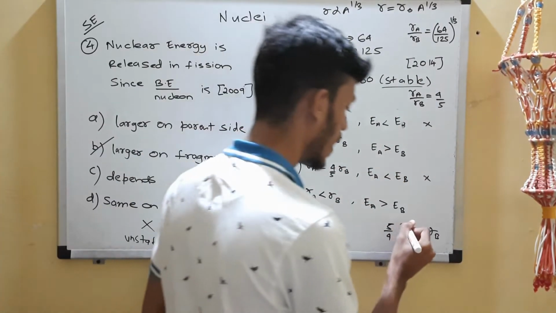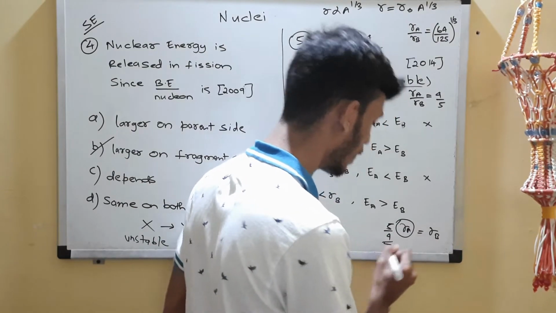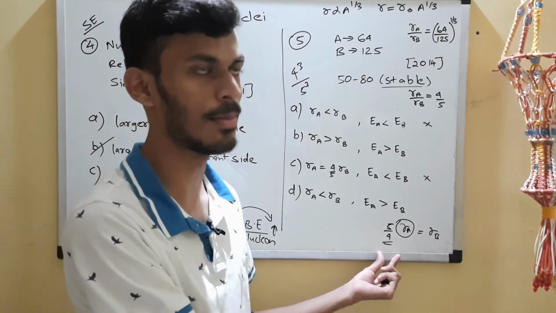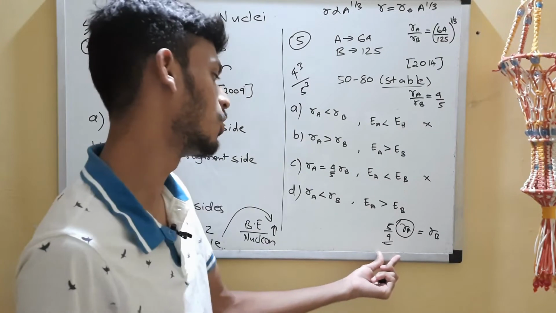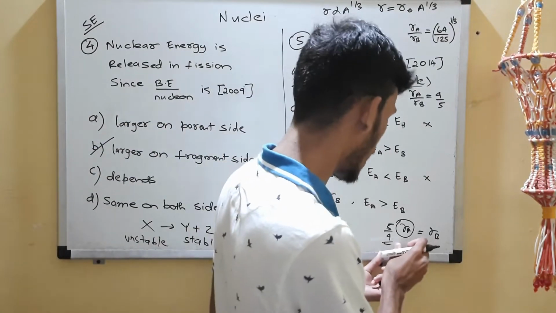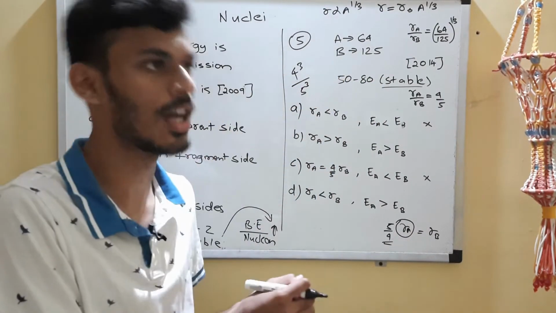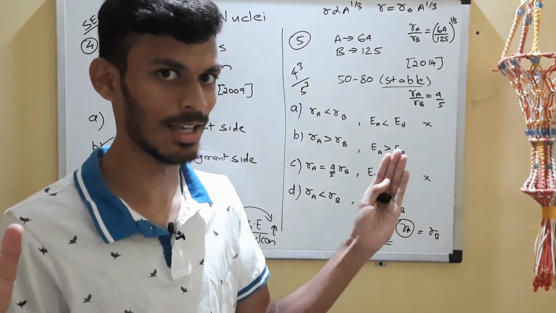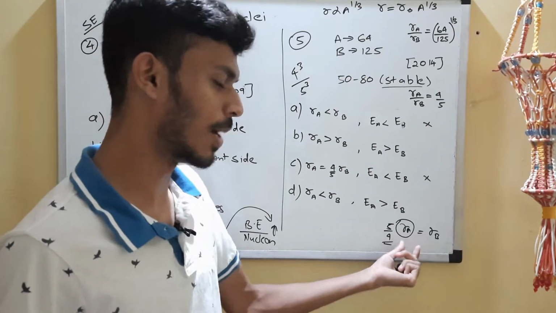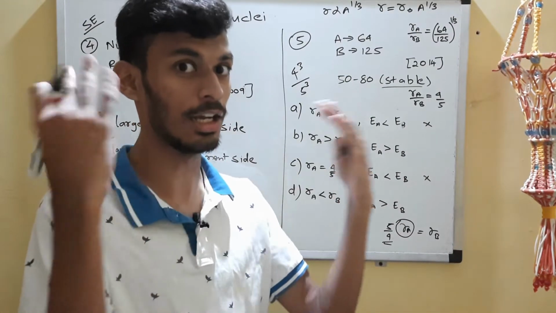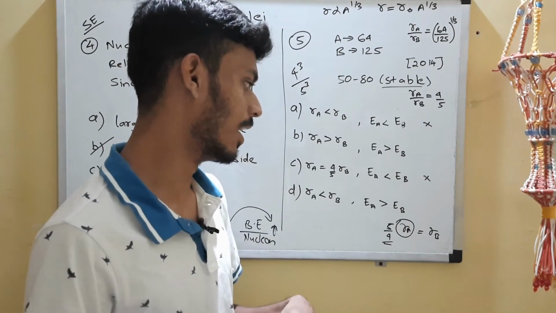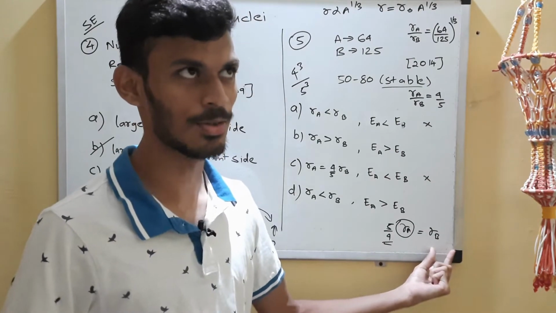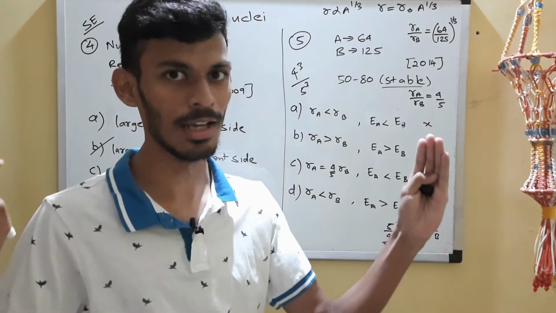So you have to multiply RA with a number greater than 1. 5 by 4 is 1.25. So you have to multiply RA with a number greater than 1 to make it equal to RB. RB is of course bigger.